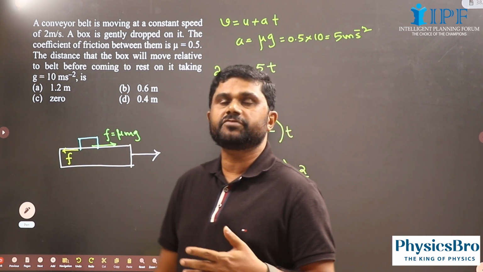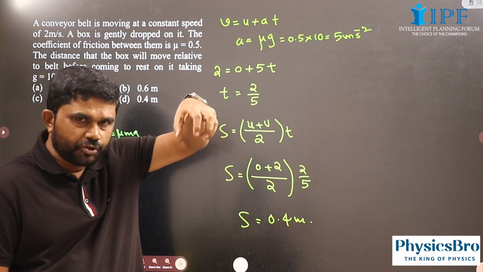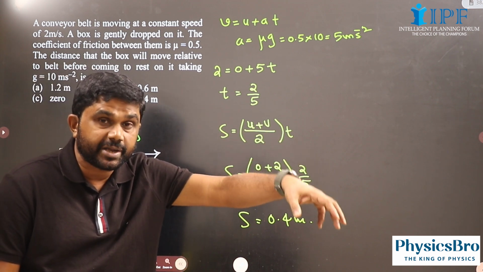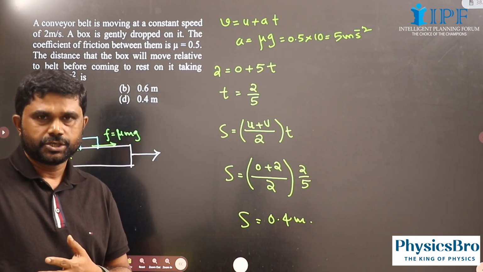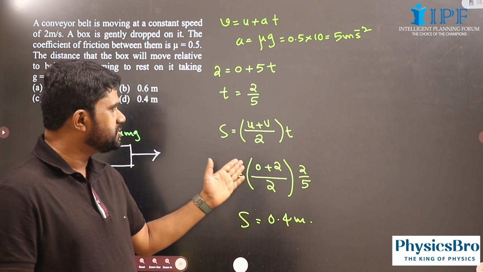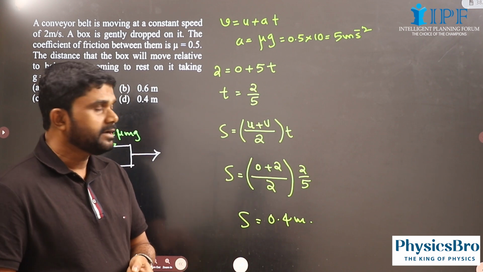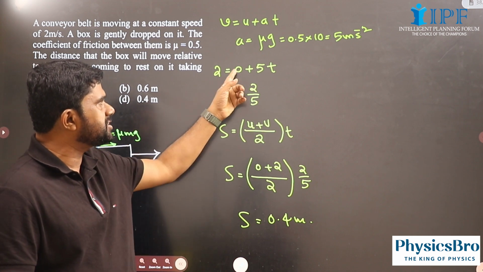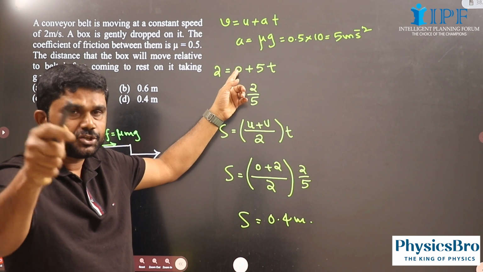Then its average velocity will be the arithmetic mean of initial and final. Initially the horizontal velocity of the block is 0. Finally its horizontal velocity will become equal to that of the belt, that is 2 meter per second. So average velocity will be 0 plus 2 by 2. And the time required is given by v equal to u plus at: final velocity 2, initial velocity 0, acceleration is mu g, acceleration due to friction.